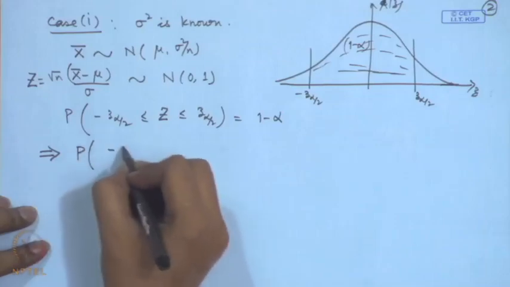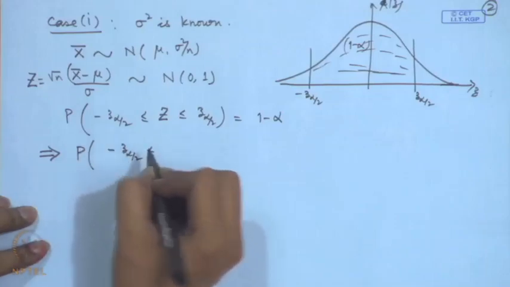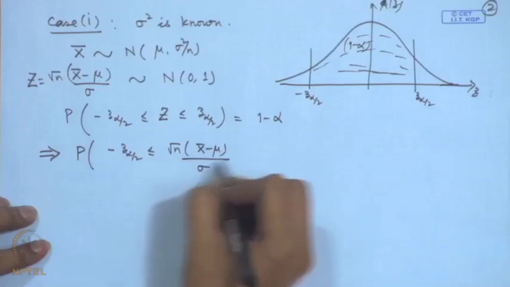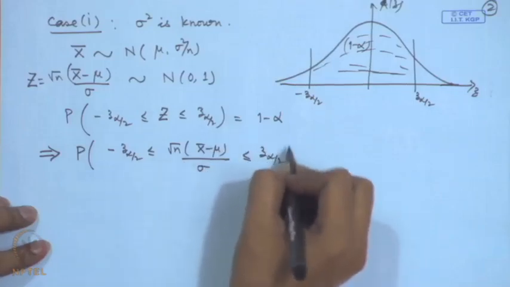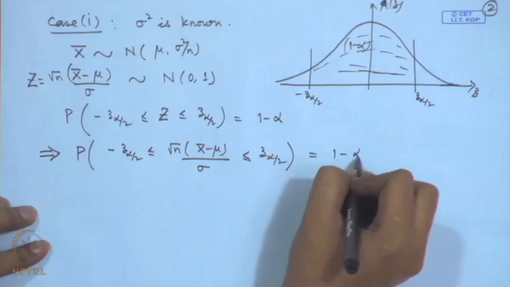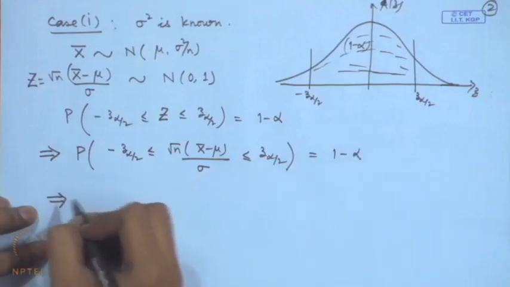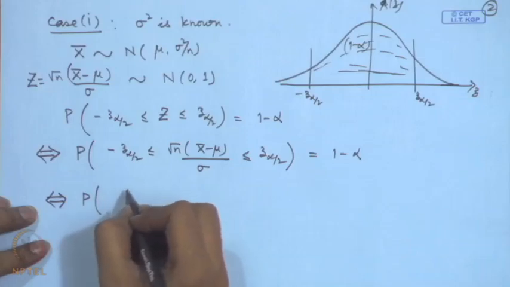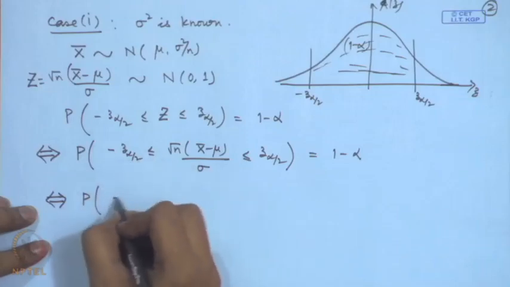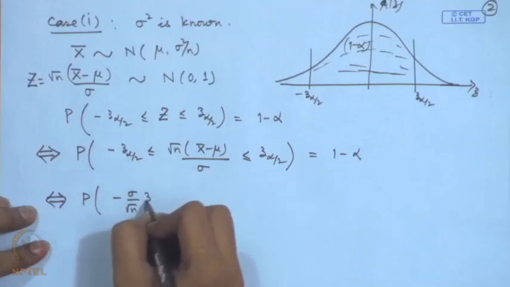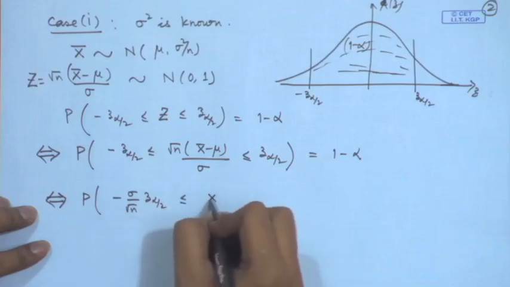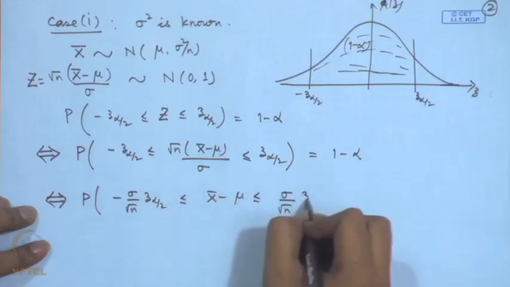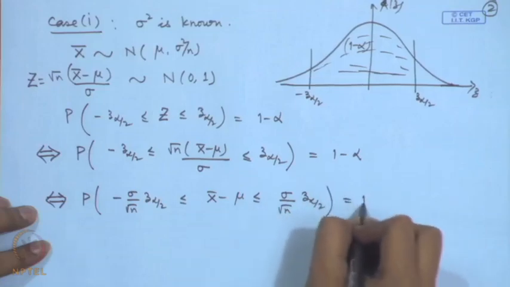This is equivalent to minus z alpha by 2 less than or equal to root n into x bar minus mu by sigma less than or equal to z alpha by 2, that is equal to 1 minus alpha, which is equivalent to saying that minus sigma by root n z alpha by 2 less than or equal to x bar minus mu less than or equal to sigma by root n z alpha by 2 is equal to 1 minus alpha.